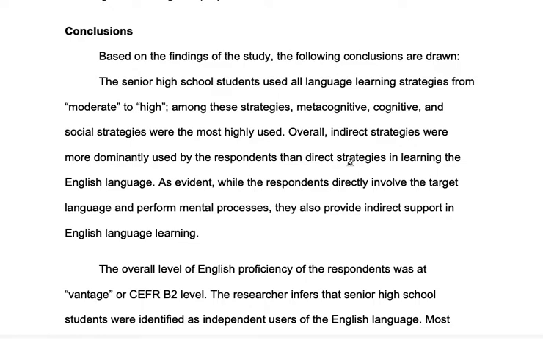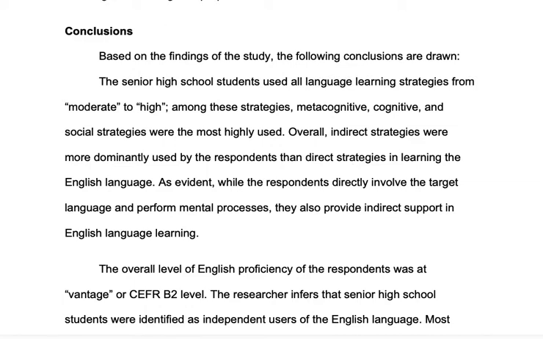So what if the female students garnered high language learning strategies use or high English proficiency compared to the male students? What does that mean? So this time in conclusions class, this is where you write generalizations or inference about your results.